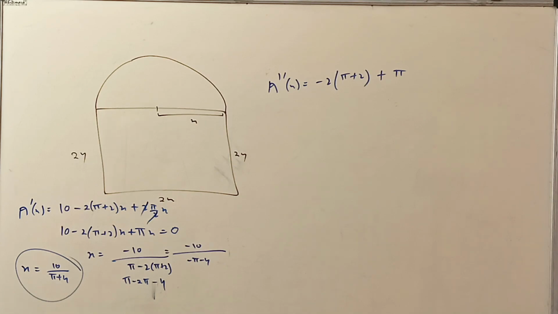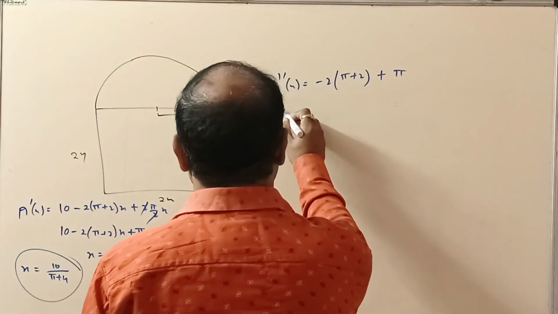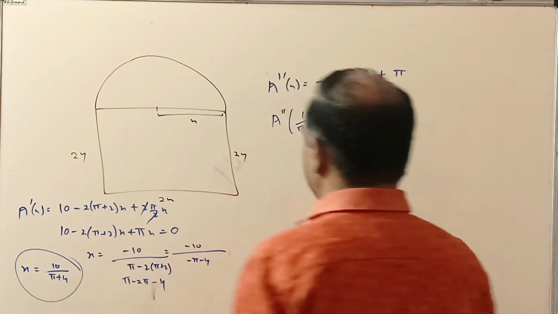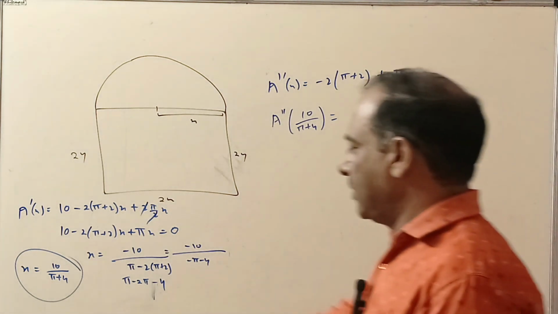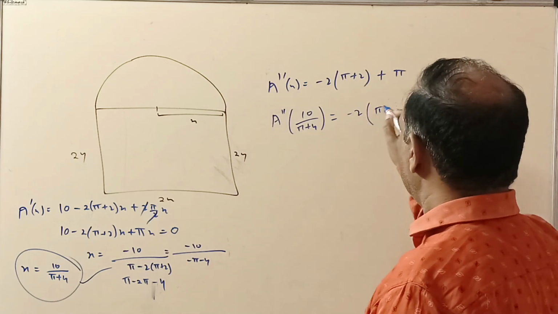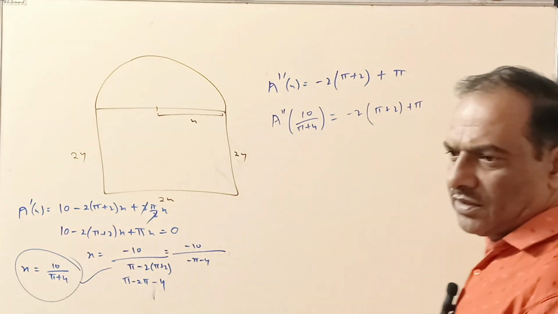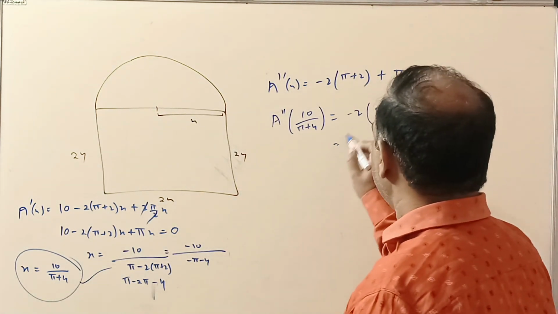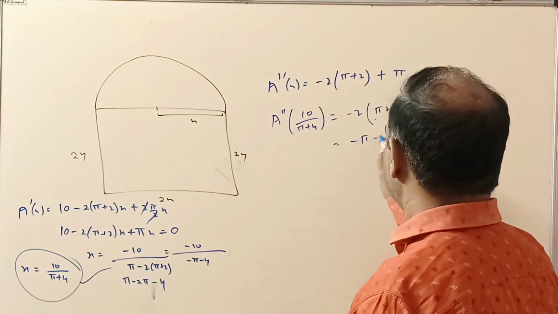Okay, if I put x equal to 10 over pi plus 4, in place of x, which I got from here, now I will have what? This is minus 2 pi plus 2 and pi. There is no x in the equation, therefore it will remain as it is. Now here I will have minus 2 pi plus pi, which is minus pi, and this is minus 4.